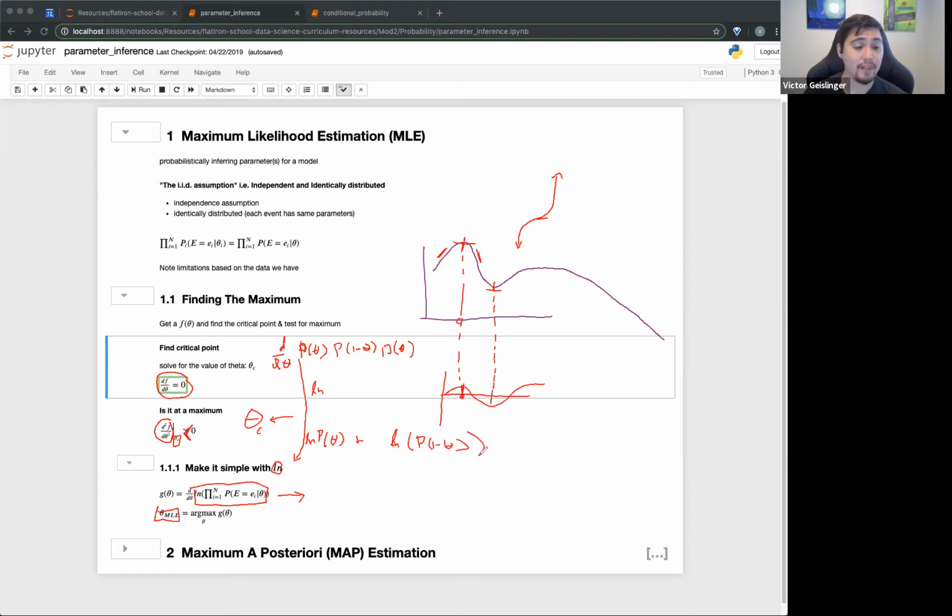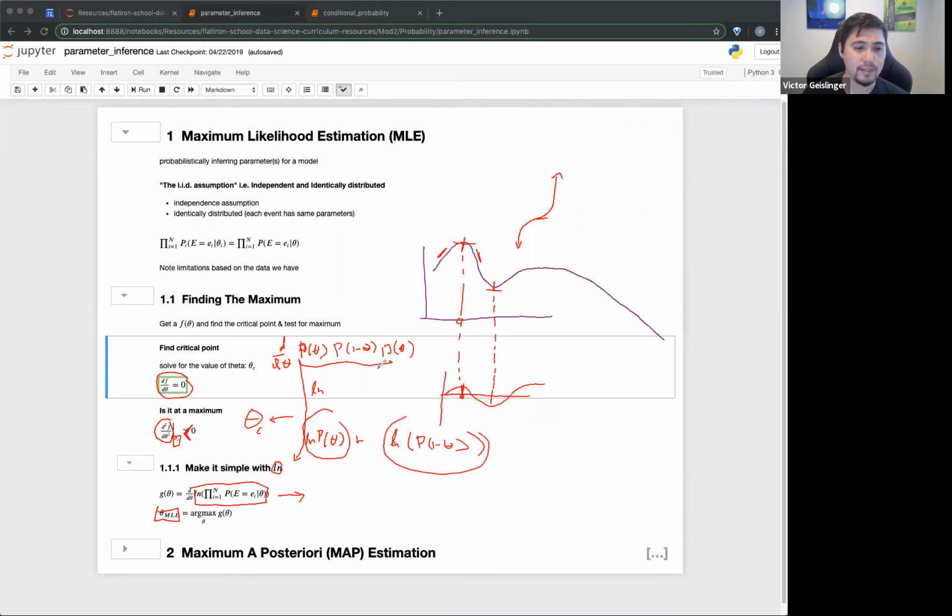So essentially, instead of having them multiplied together, we have them all added up. Taking the derivative of things being added up is a lot easier than taking the derivative of them all multiplied together, because we essentially just have to take the derivative of this guy by itself and then this guy by itself, versus trying to combine them all together with the chain rule.